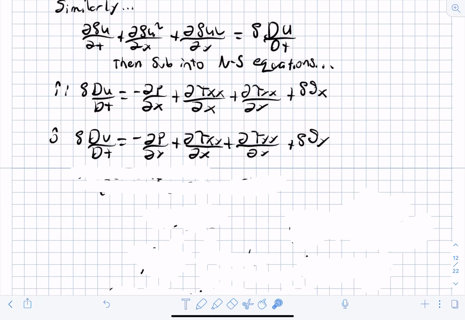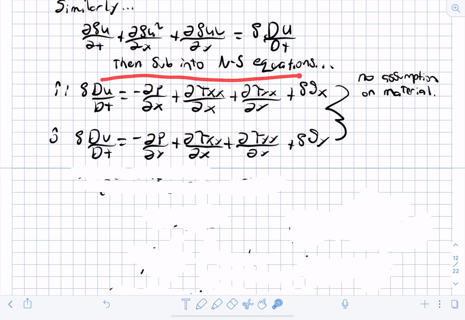So now we need to figure out these shear stresses. And actually the nice thing about these equations is we've made no assumptions on material. So technically, these equations not only work for fluids, they also work for solids.